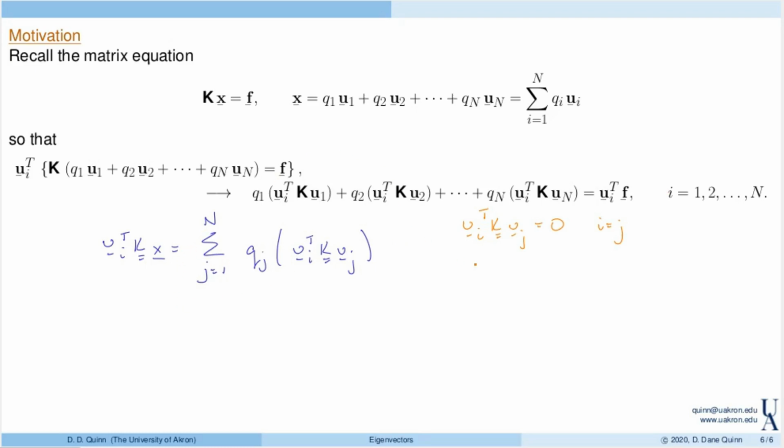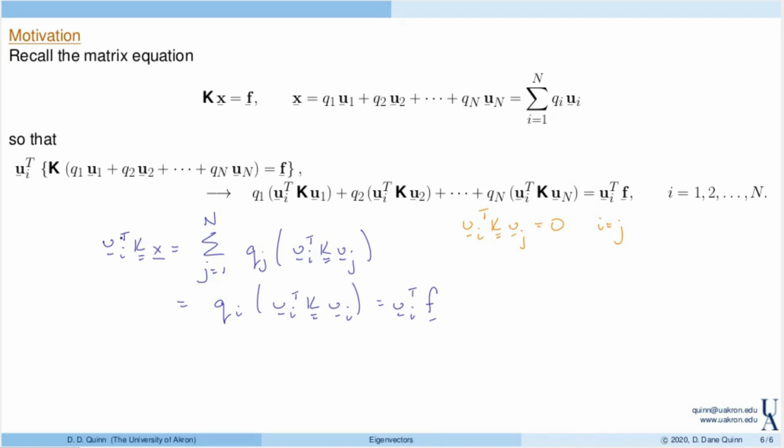And as a result, this equals q_i times u_i transpose K u_i. And of course, this was equal to u_i transpose F from the right-hand side.